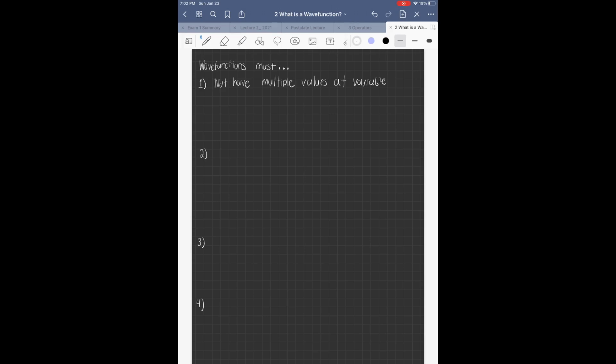Here's an example: this is just a trial wave function, and it's not a valid wave function, because there are multiple values at one x position. A valid wave function must have a single value at every x.